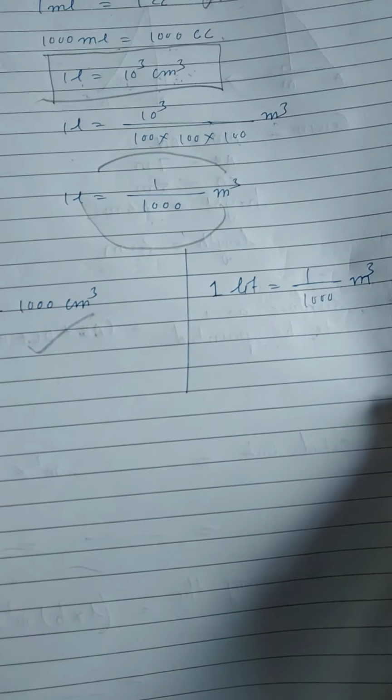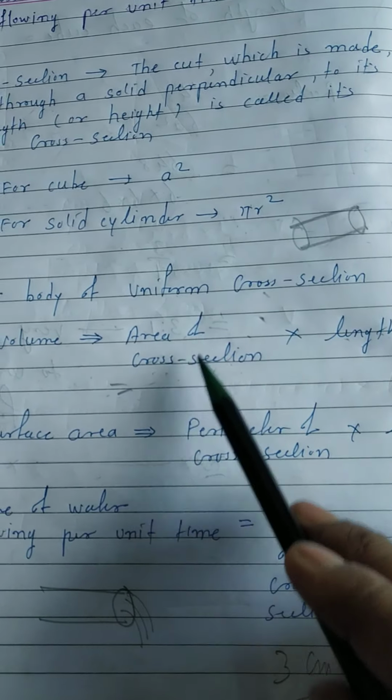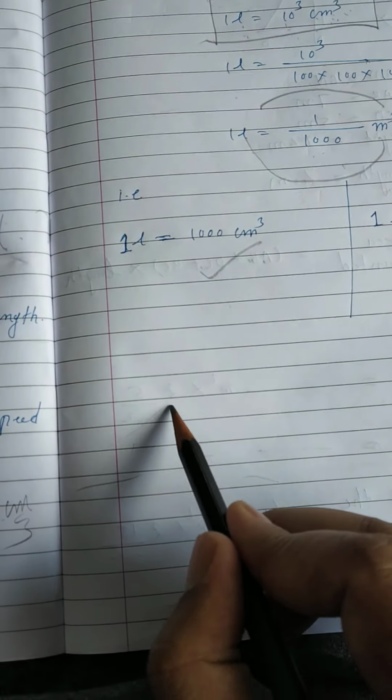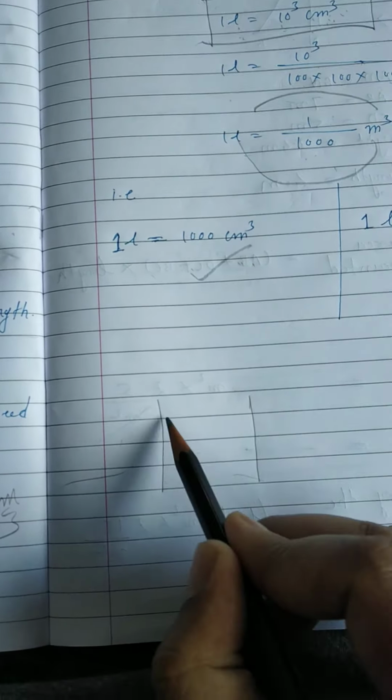Now we'll understand how to calculate the volume for solid cylinders. I have told you earlier it will be area of cross section into what? Length. Suppose I have a tunnel with me. ये tunnel है. ठीक है. रेलवे का tunnel होता है ना, that tunnel, and it is a semicircular part.